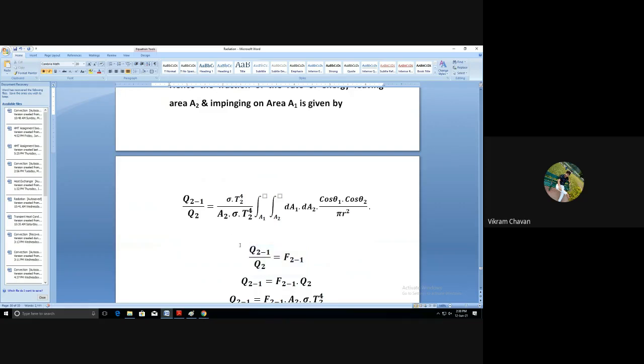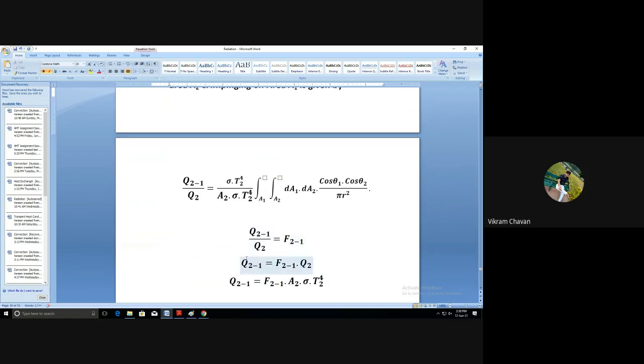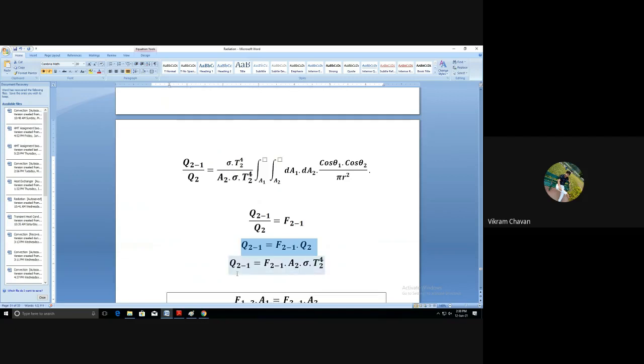Okay, so Q2→1 divided by Q2 is equal to F2→1, and from this equation we can write Q2→1 will be equal to F2→1 multiplied by Q2, and we know that Q2 is nothing but A2 multiplied by sigma multiplied by T2 raised to 4. So Q2→1 will become F2→1 multiplied by A2 multiplied by sigma multiplied by T2 raised to 4.